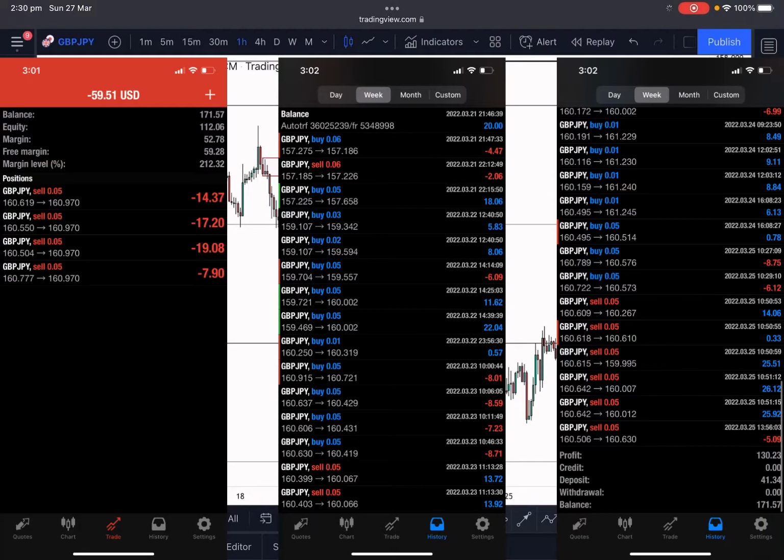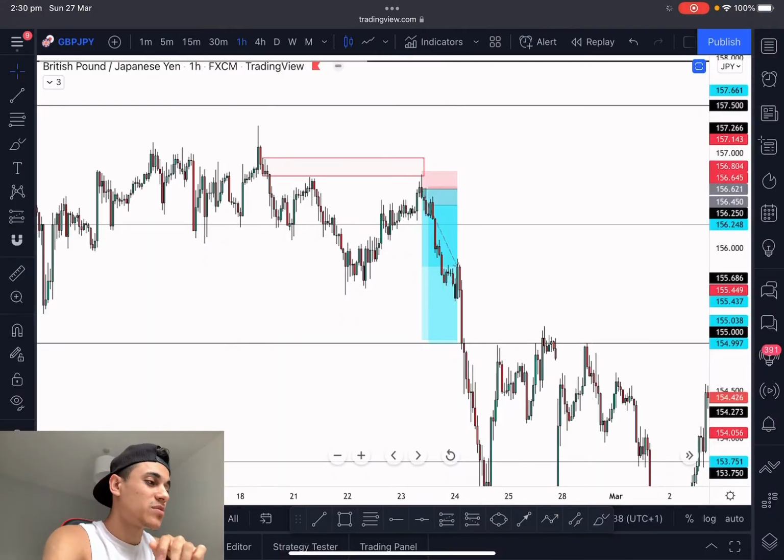I'll put screenshots of everything on the screen so you guys will see, and I'll be as transparent as possible and show you most of the trades I took during this challenge. I only traded GJ for this challenge, but yeah, without further ado, let's jump into the charts, and I'm going to show you how I was able to flip $20 to $170.